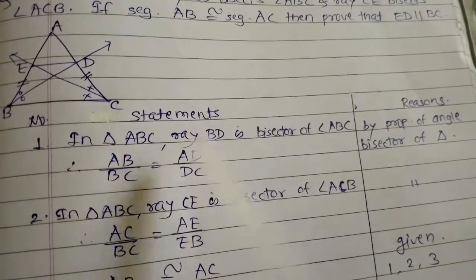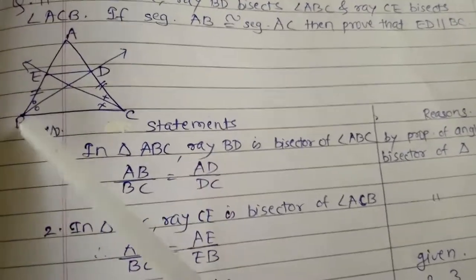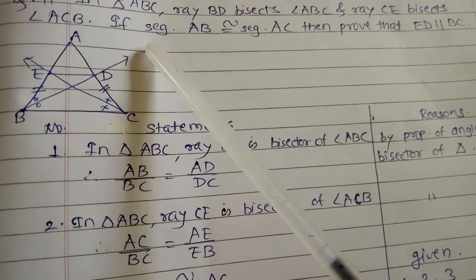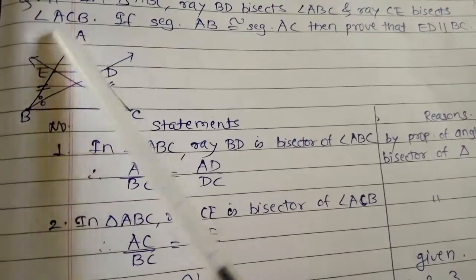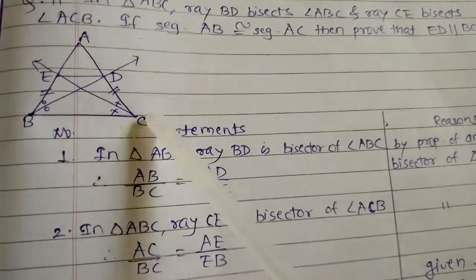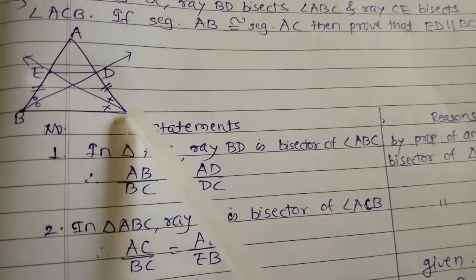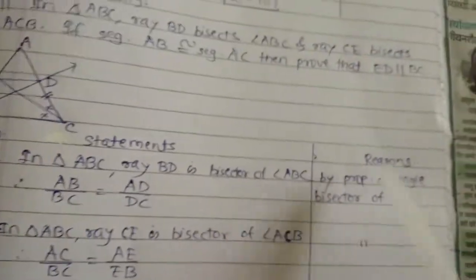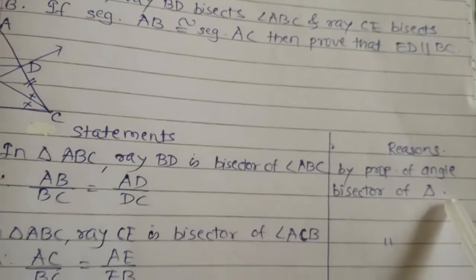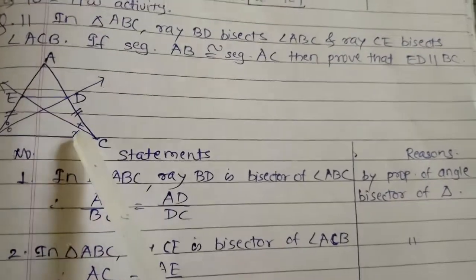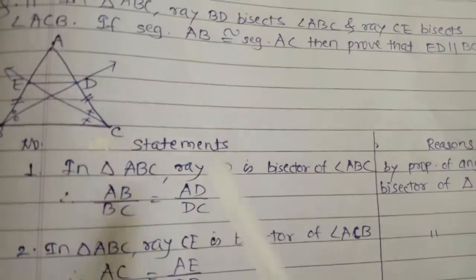In triangle ABC, ray BD is the bisector of angle ABC. So we can write AB upon BC is equal to AD upon DC, by the property of angle bisector of a triangle. Similarly, for this bisector we can use the same statement.